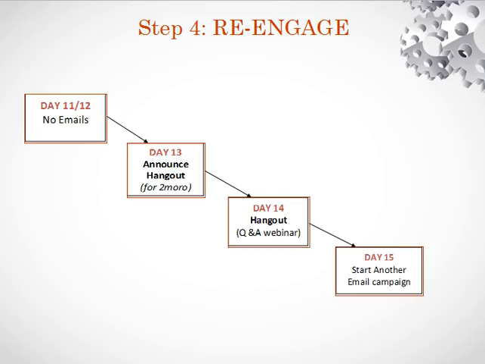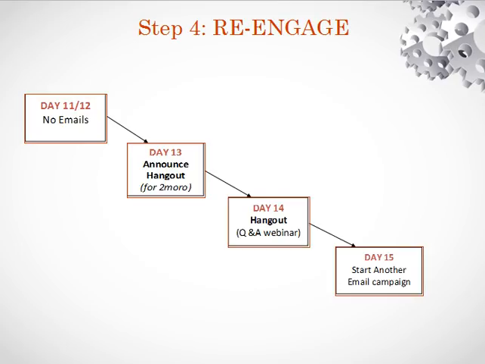You're going to take questions and answers regarding the product that they purchased the other day. And you make sure you emphasize in that hangout that if you want to get that product, it is closed right now. You can't get it anymore, right?